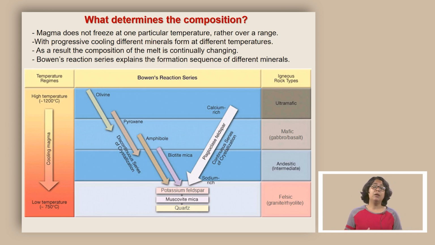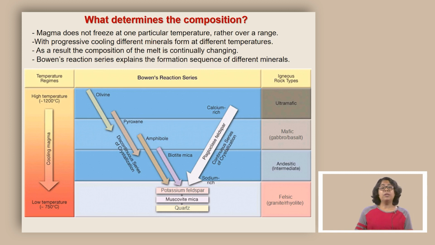So, they can be quite good for understanding the temperature profile. Finally, at relatively low temperature, we will encounter a combination of amphibole, biotite mica and plagioclase feldspar, primarily dominated by the sodium rich end member.